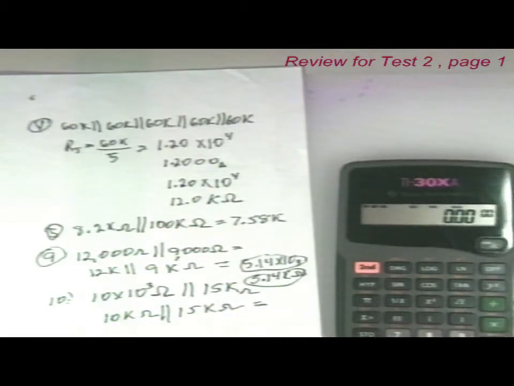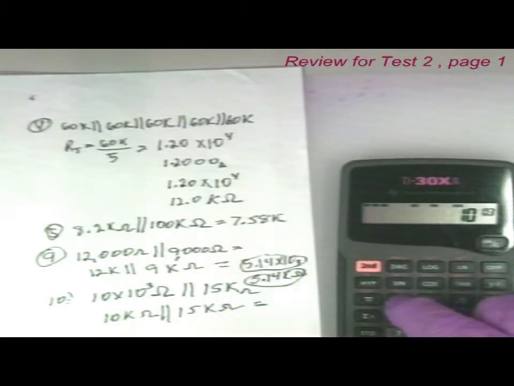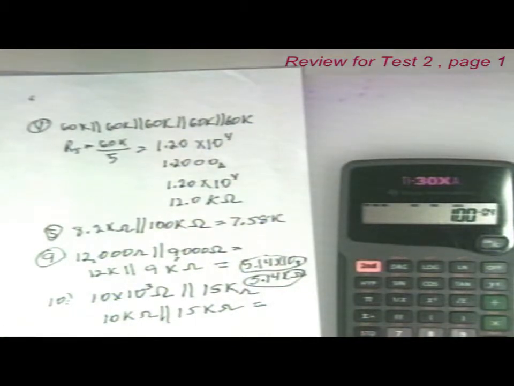Okay, so we're going to use this formula over here. We're going to use a reciprocal formula, and we're going to say that we put in a 10 for 10 k ohms, and then we hit double E to put in the k. I have 10 times 10 to the third, which is 10k, and then I'm going to say reciprocal. Remember, don't forget the reciprocal, because you've got to take a reciprocal of that.